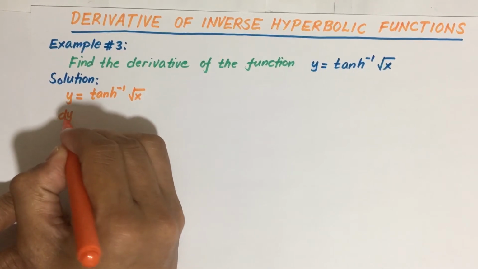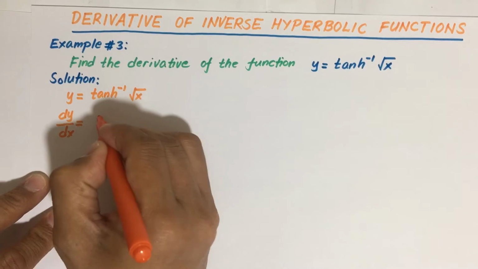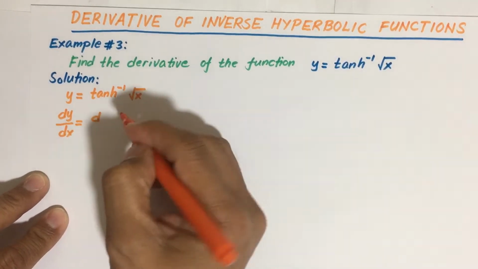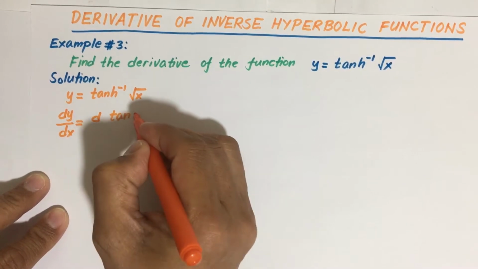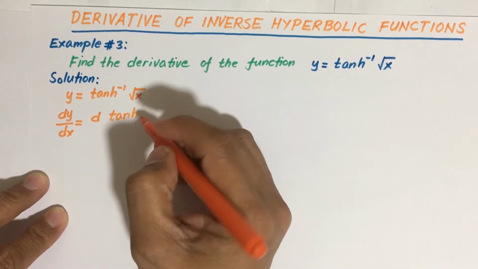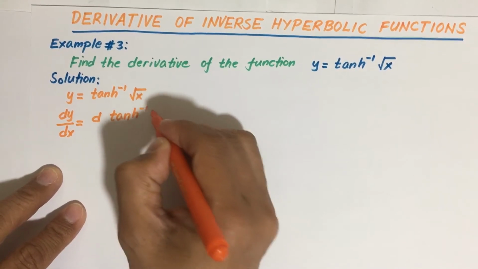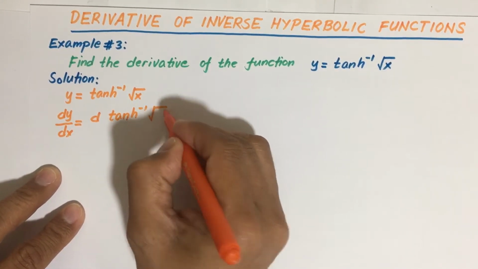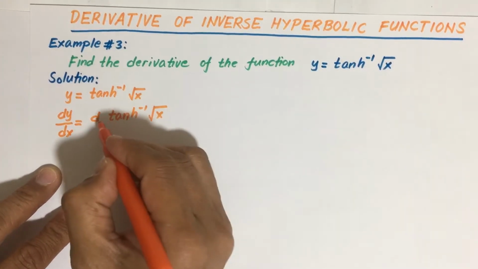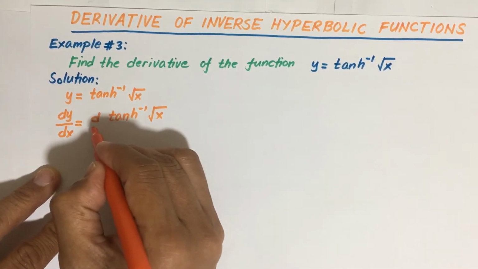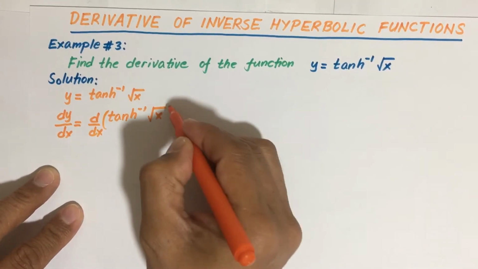So the derivative of y with respect to x equal to the derivative of arc hyperbolic tangent of the square root of x, or inverse hyperbolic tangent of square root of x. So derivative of this with respect to x.